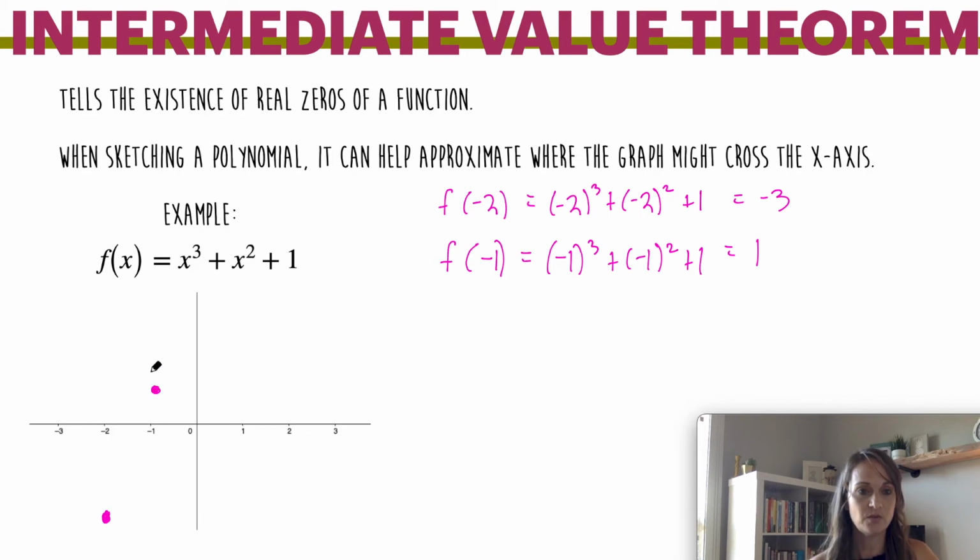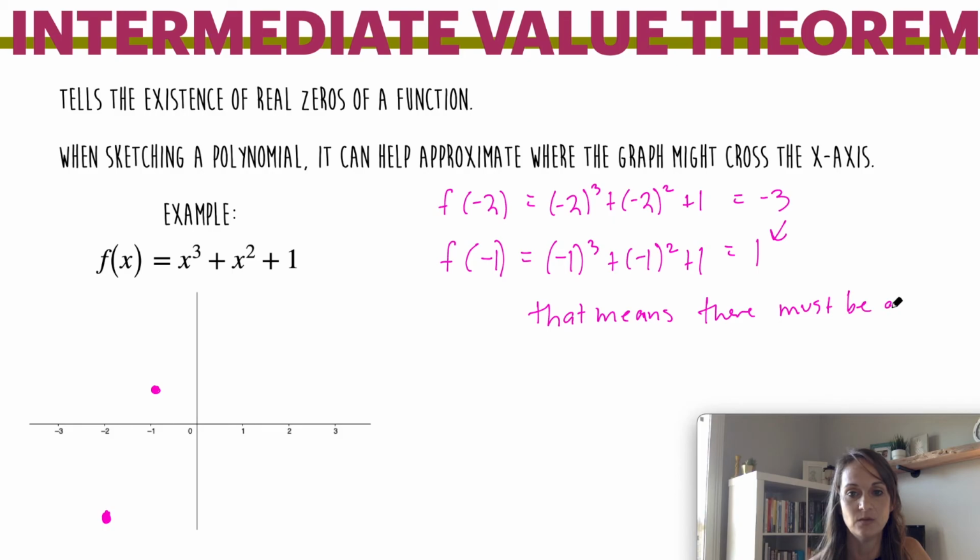So here's what the intermediate value theorem basically states. At -2, I have a negative value. But at -1, it becomes positive. If you notice, it goes from a negative to a positive. That means there must be a 0 in between -3 and 1.